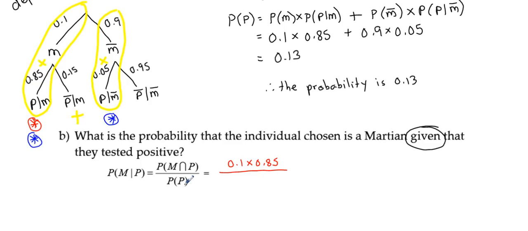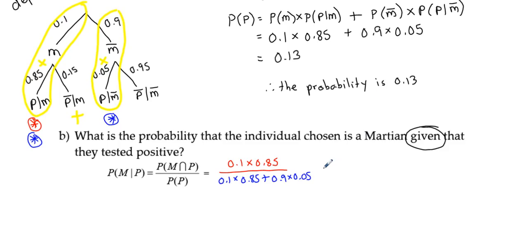So the probability of testing positive could be being a Martian and testing positive, or being a human and testing positive. We could have just written 0.13, but just thought I'd write it out again.